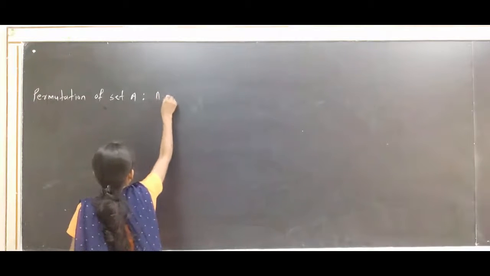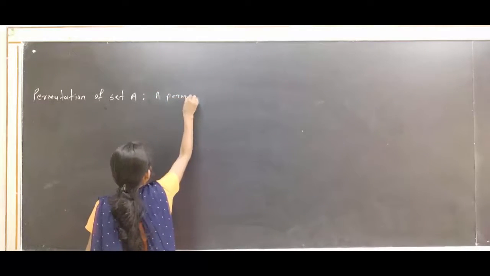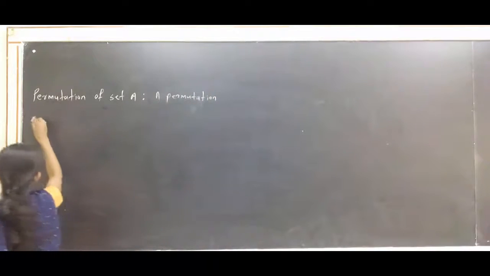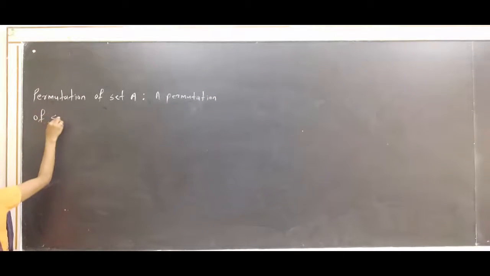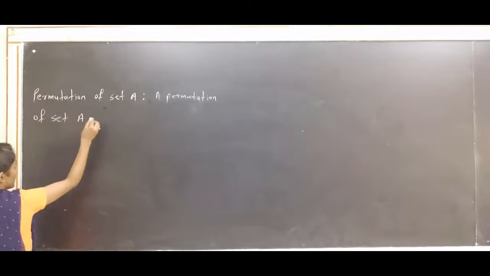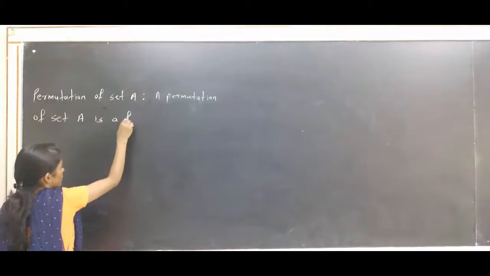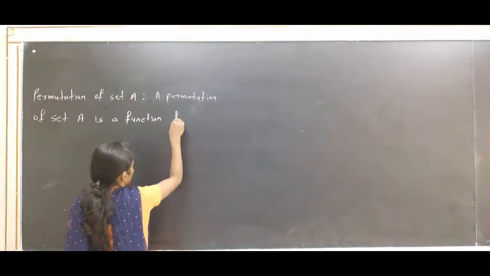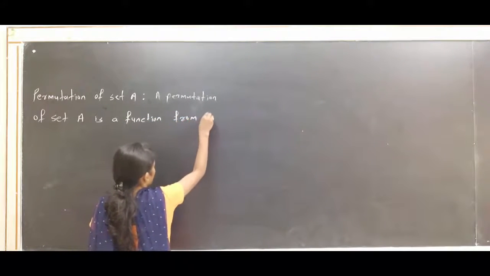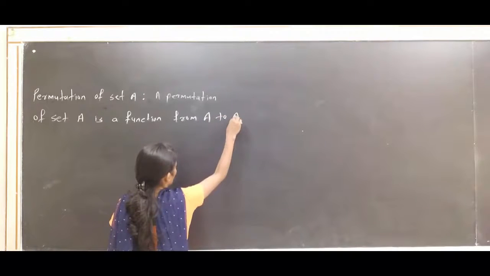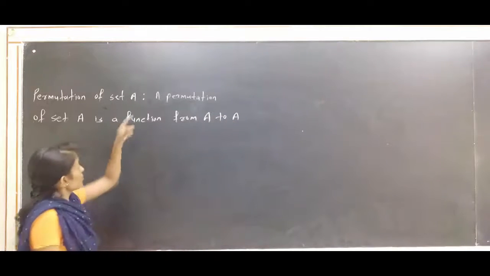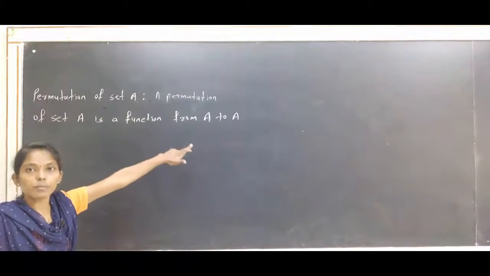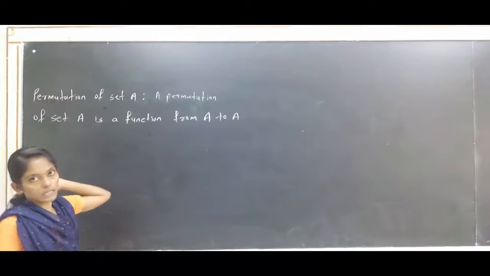So a permutation of set A is a function from A to A itself.